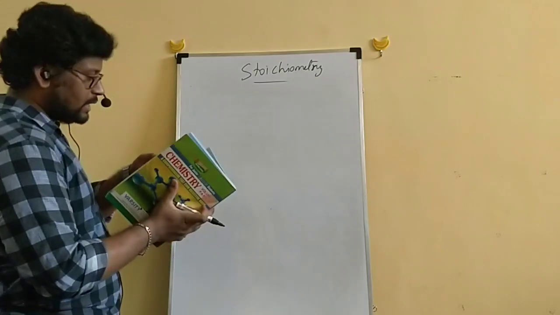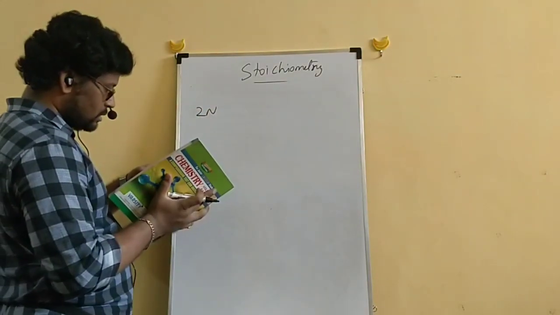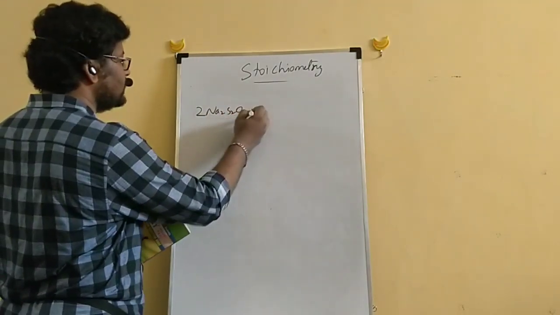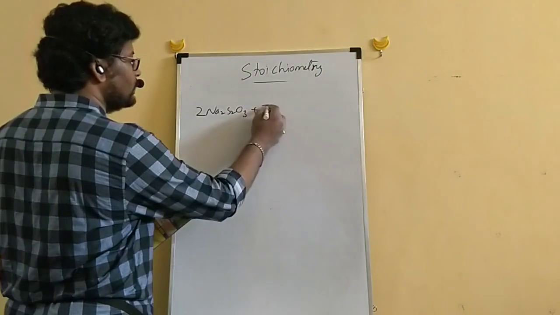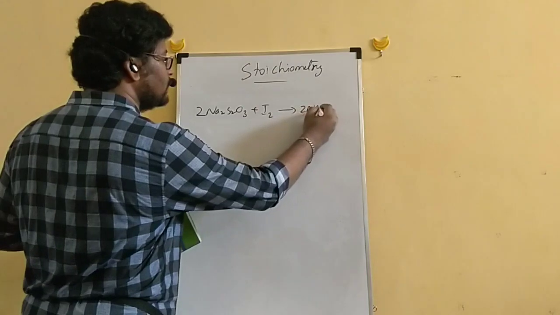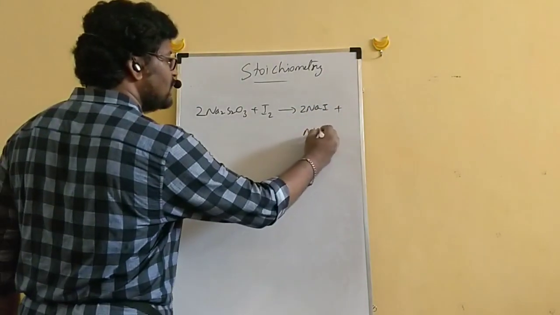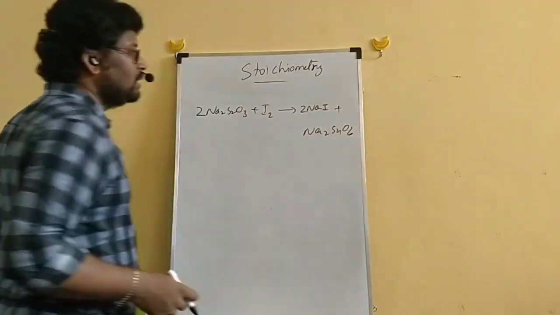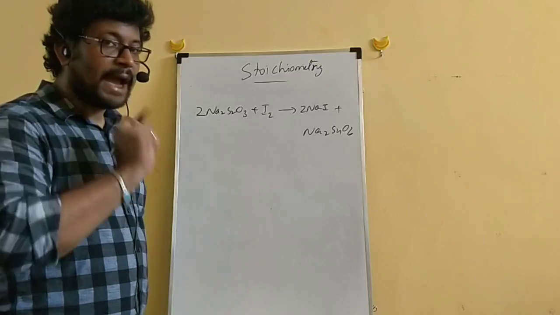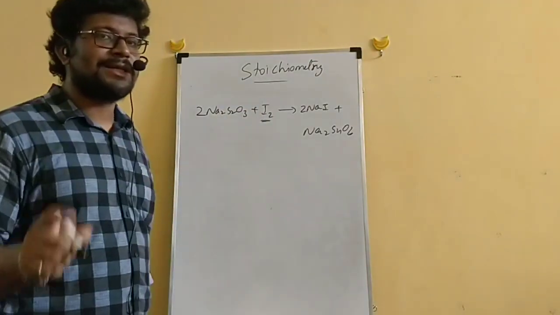The reaction is Na2S2O3 plus I2 gives rise to 2NaI plus Na2S4O6. Previous same reaction, now what do we have to find? Last time they asked for hypo, now they ask for iodine, so we have to concentrate on iodine.